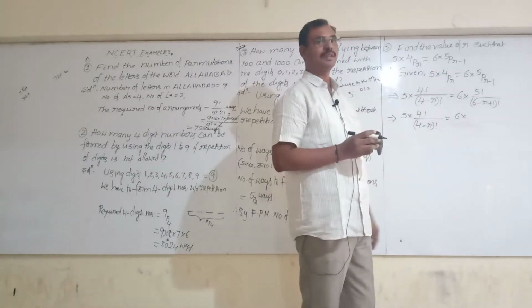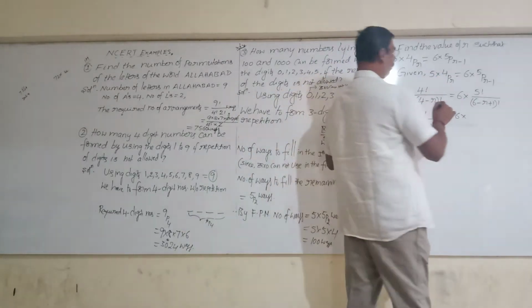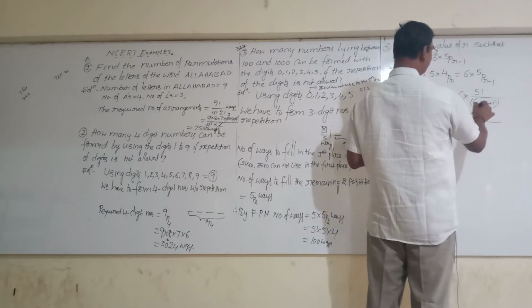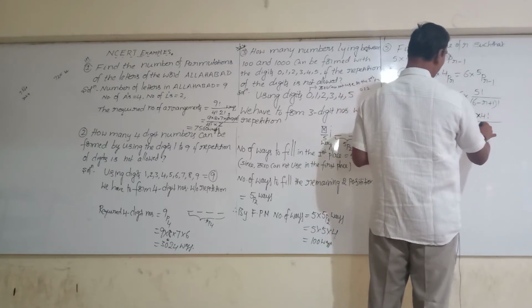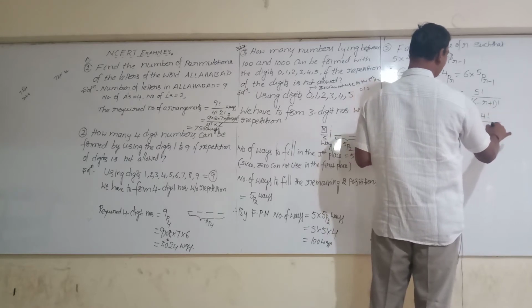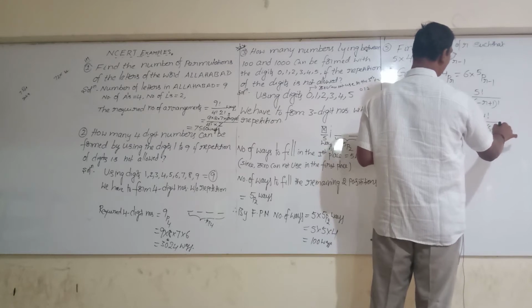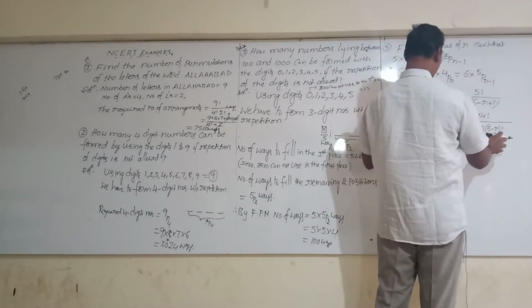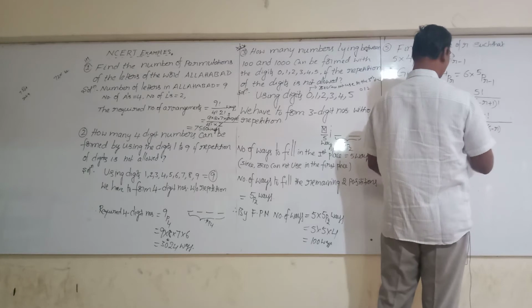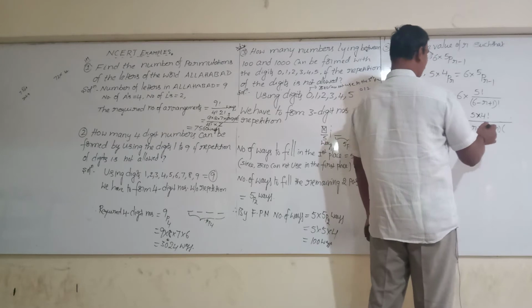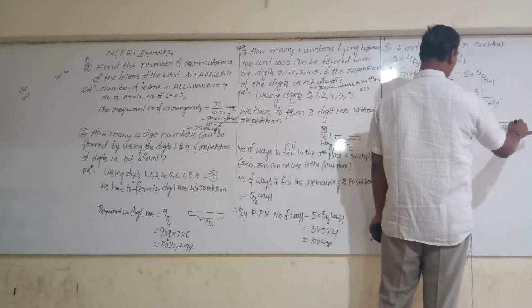Big numbers always convert. 5 factorial I write as 5 into 4 factorial, upon 6 minus r factorial, reducing one unit each time, from 6 minus r down to 4 minus r factorial, which we require here: 6 minus r, next 5 minus r.